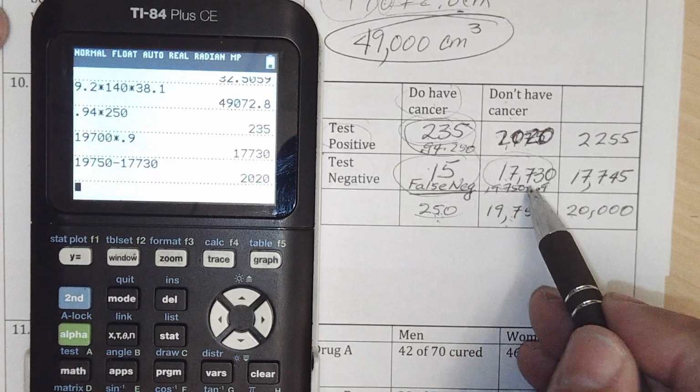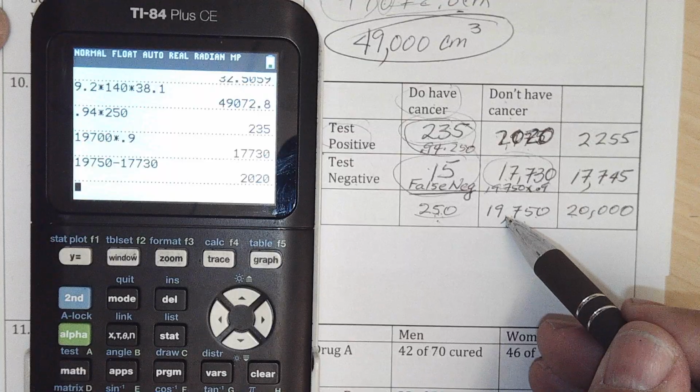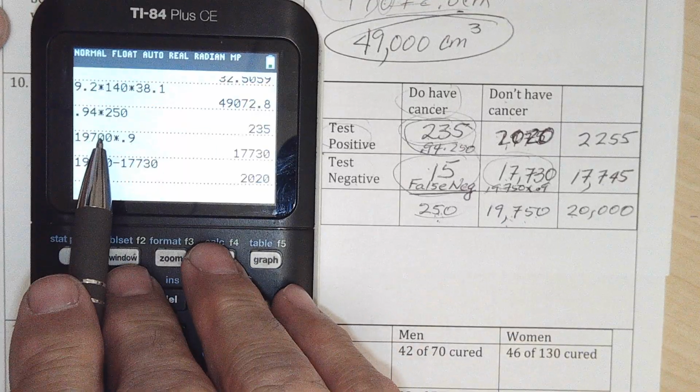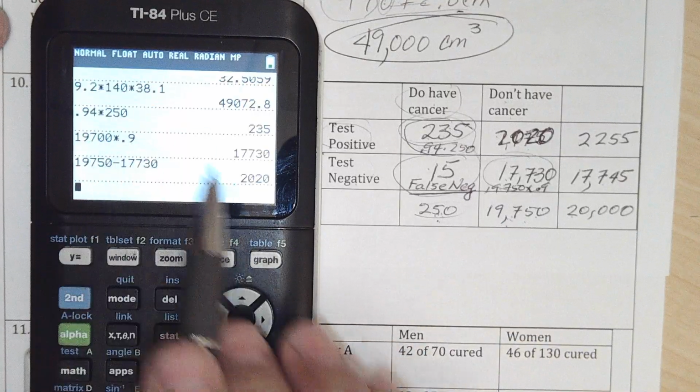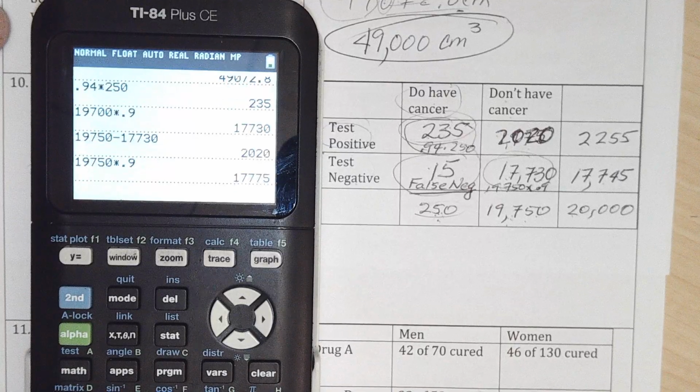He gets 90% of this correct. Should have been 10%. Not sure. Oh, I see what I did wrong. I didn't do 90% of the right number to start with here. 19,750 times 0.9. Something wasn't working right here.